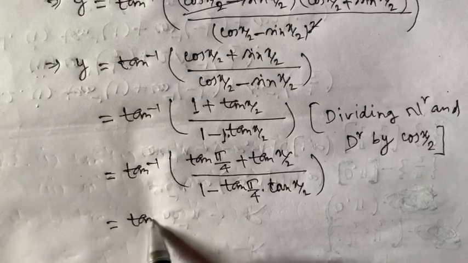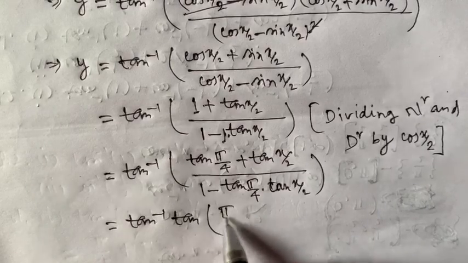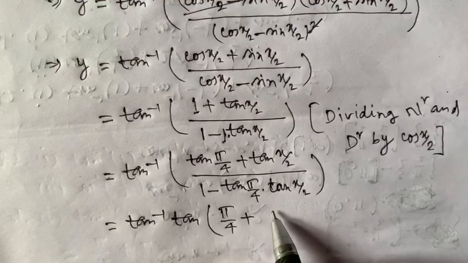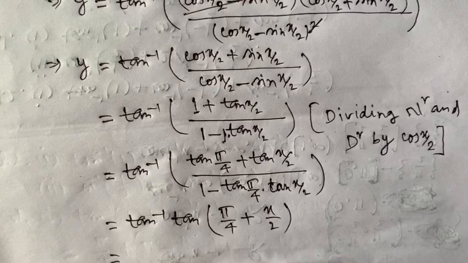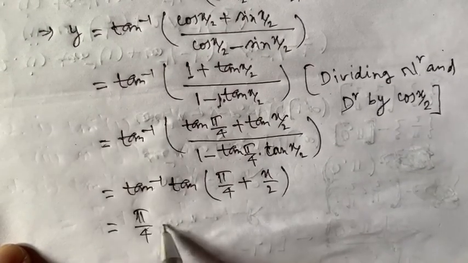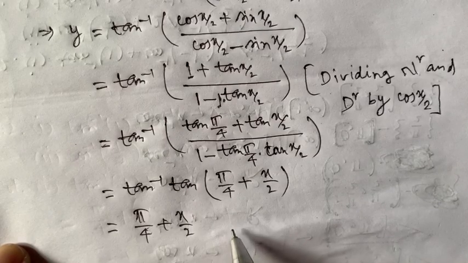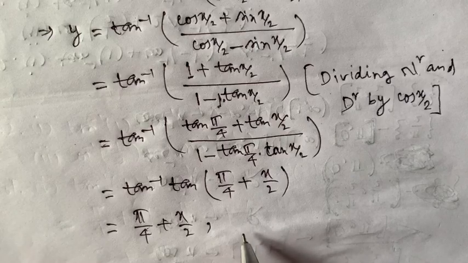So it is tan inverse of tan a, here pi by 4, plus b, here x by 2. Now tan inverse and tan will cancel to give us pi by 4 plus x by 2, and which is the simplest form.